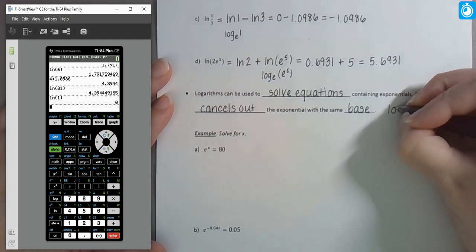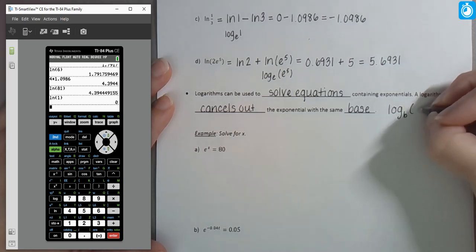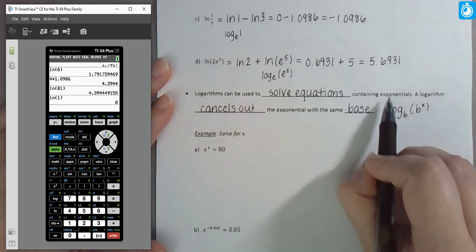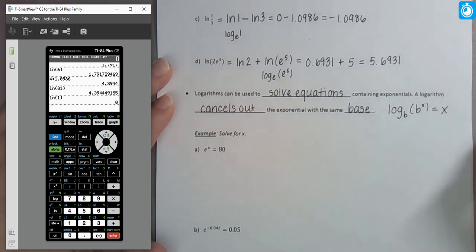So anytime we take a logarithm with a particular base and apply it to an exponential that has the same base, the logarithm and the exponential cancel one another out, and we're just left with whatever was in the exponent.